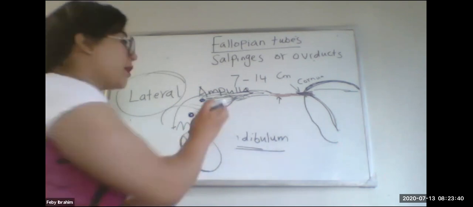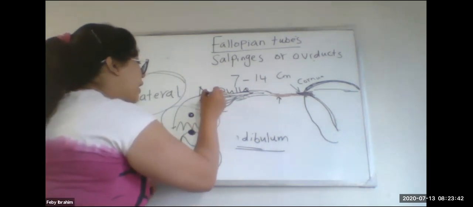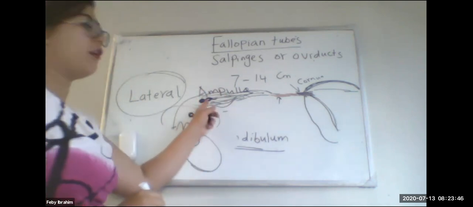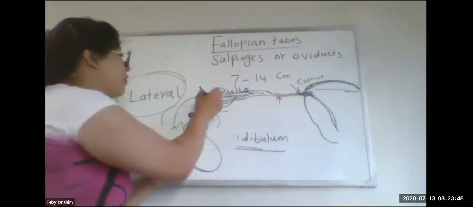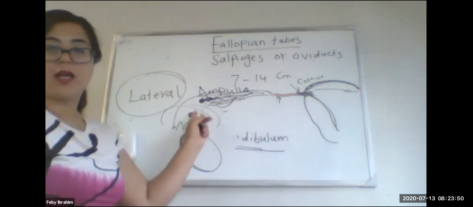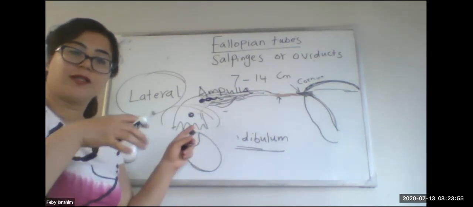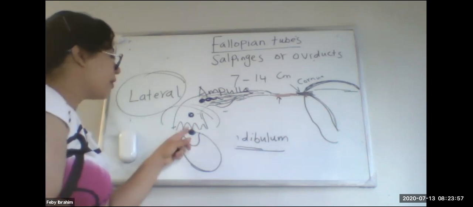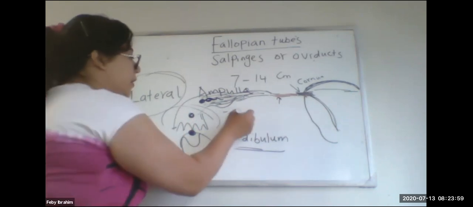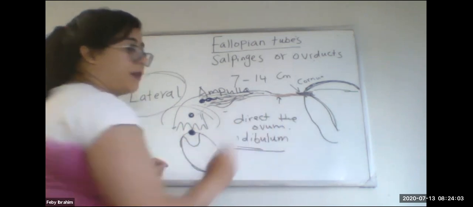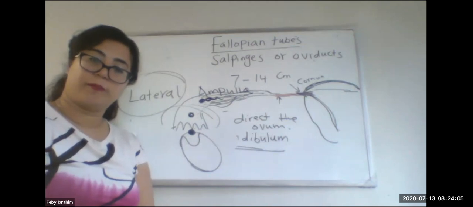Fertilization occurs here at the level of the ampulla. Look here, this is a sperm, this is the ovum.